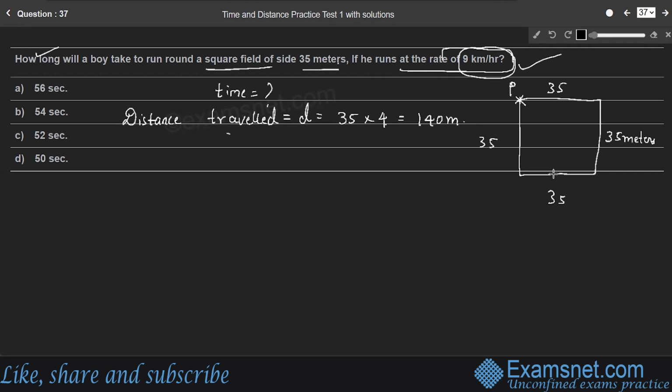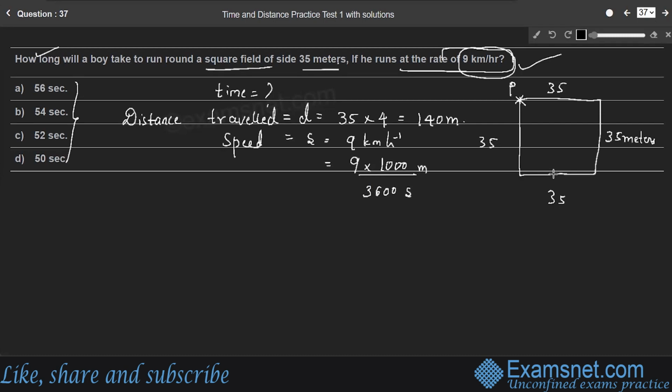And his speed S will be 9 kilometer per hour. Here the speed is in terms of kilometer per hour. Better to express it in terms of meter per second, since the options are in terms of seconds. So 9 into 1000 meter divided by 1 hour, and 1 hour means 3600 seconds.